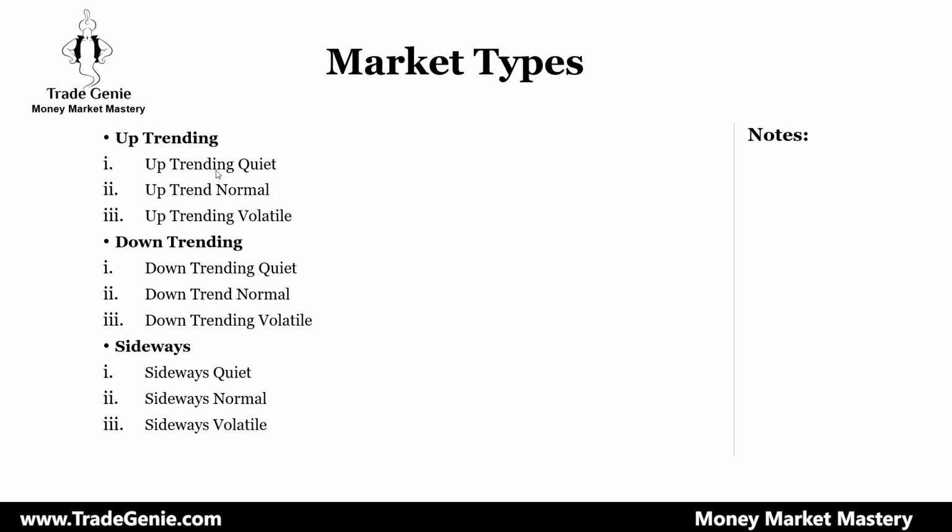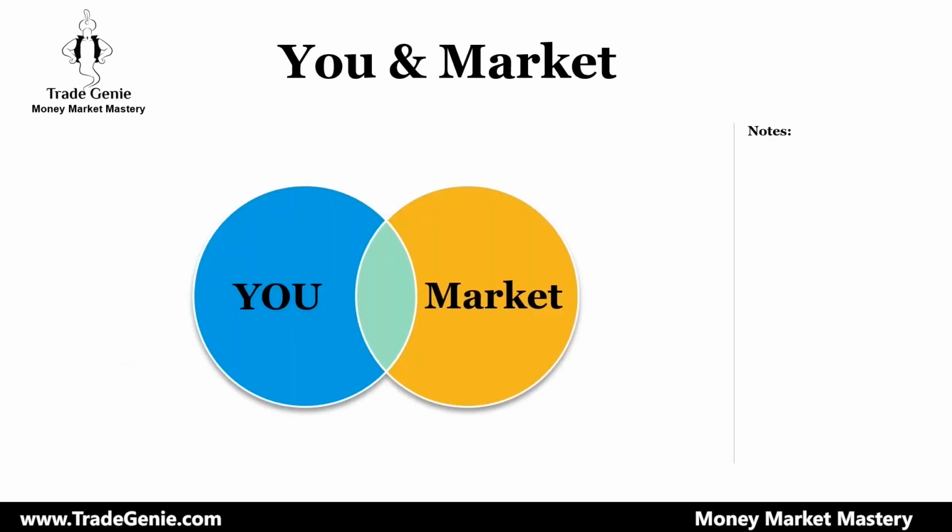So there are 12 types of market at any given moment, and millions and billions of you, or one you. One you, 12 markets.